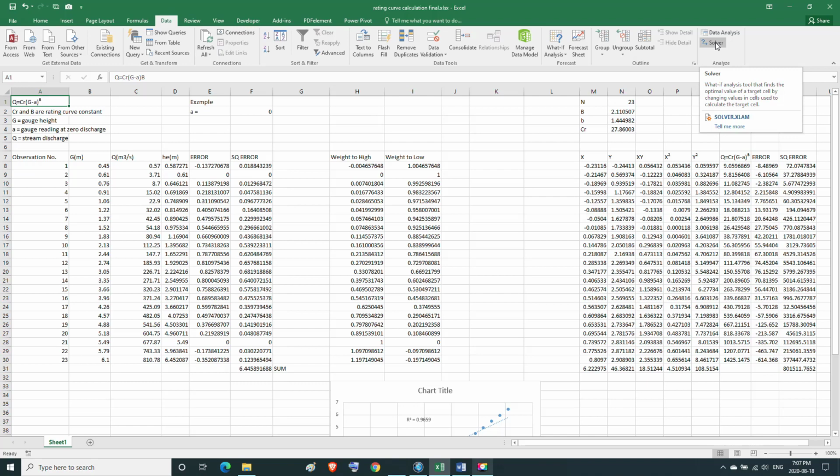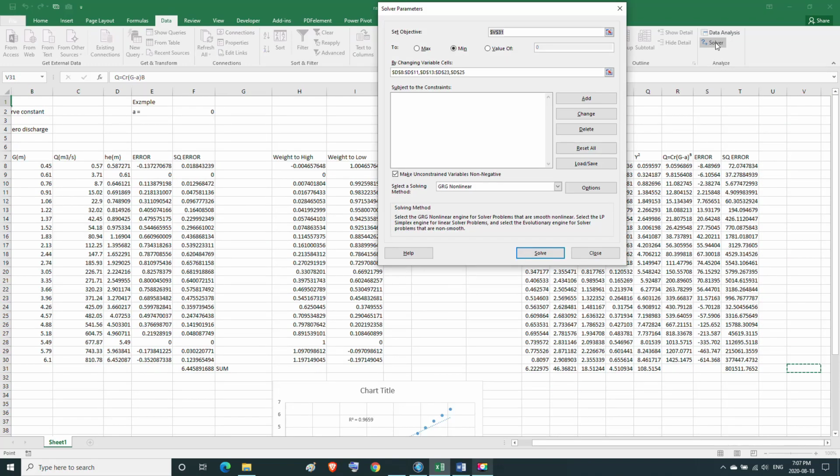Now we open the solver, and in it we go to set objective, then we tick on min, or minimum error.